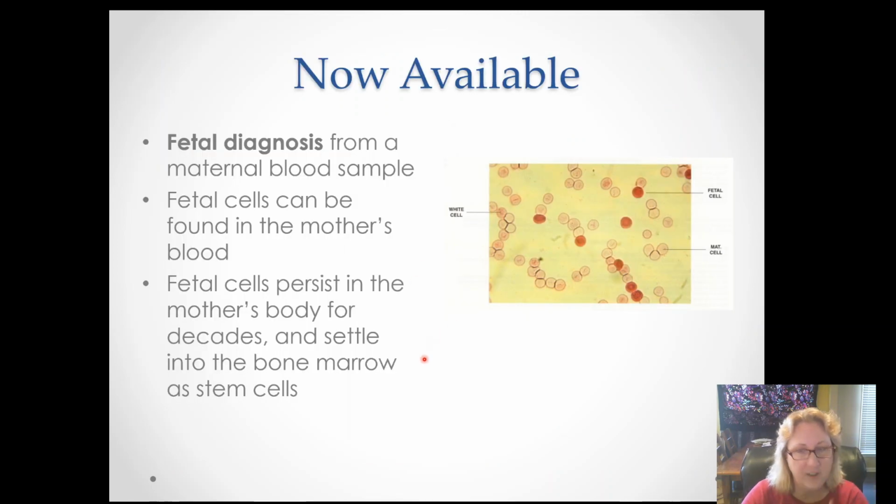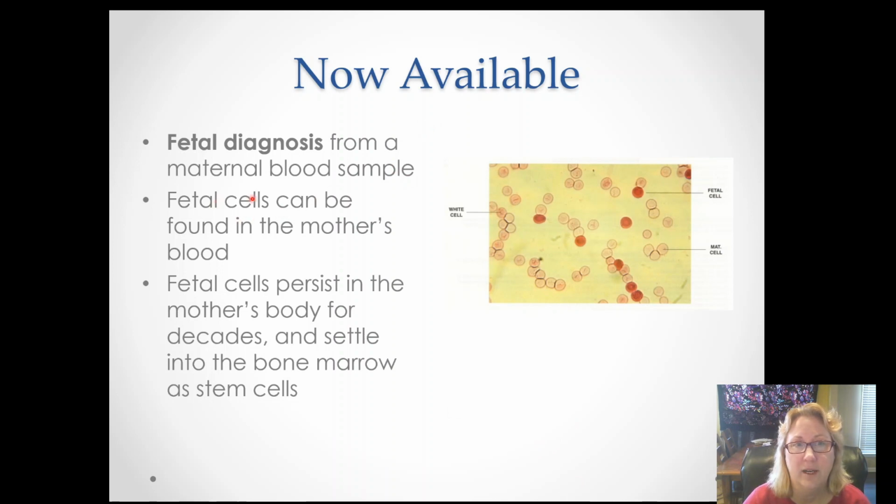Now, fetal cells can be obtained from the mother's blood, which is really cool. They just take a blood sample from the mother, and they take giant blood samples from pregnant women pretty much every time you go to the doctor to test for all sorts of things.